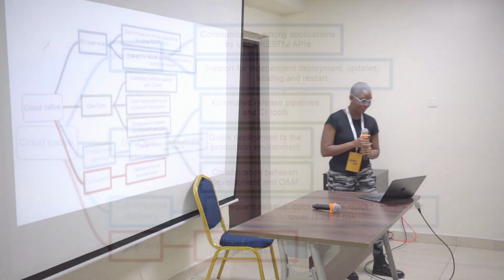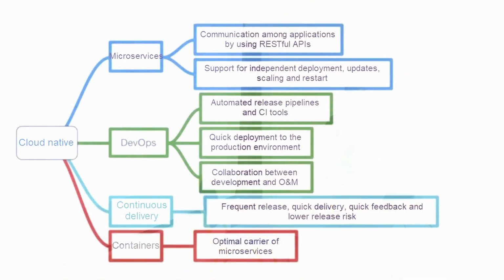Like I said earlier, microservices look at communication amongst your application APIs, and also support independent deployable updates. Then DevOps, on the other end, is about automation and the quick deployment of production environments, and collaboration between development, operations and management.